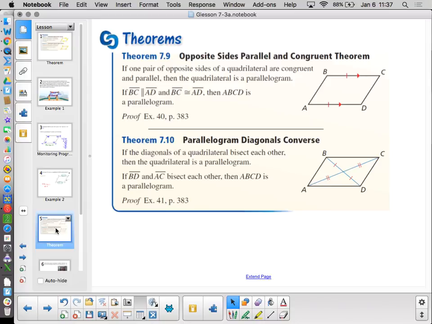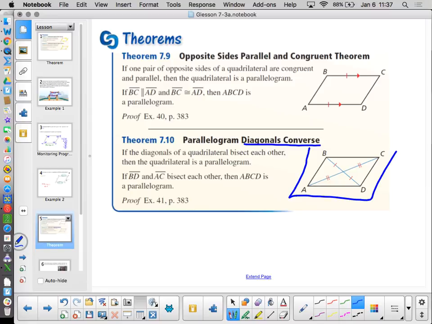Other theorems, other ways of proving that a shape is a parallelogram. We got a couple, one new one and one that kind of builds on the old. We already knew that if it's a parallelogram, the diagonals bisect each other. We can now use the converse of that. So diagonals converse, that's this one right here. If the diagonals bisect each other, in other words, if this point right here is the midpoint for both diagonals, then that must be a parallelogram. The new one is this one.